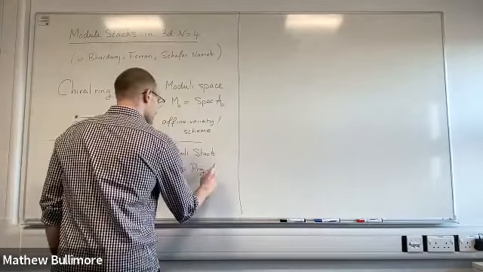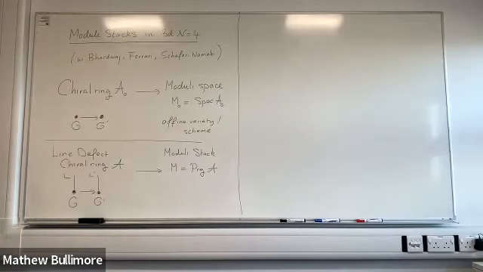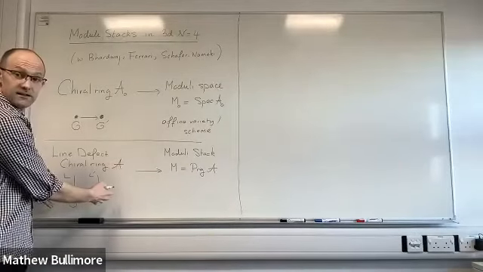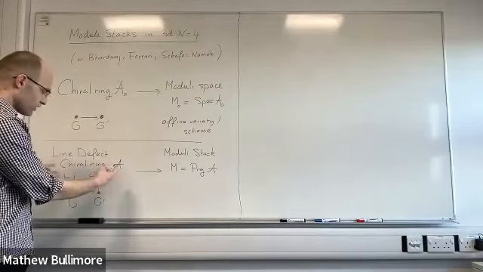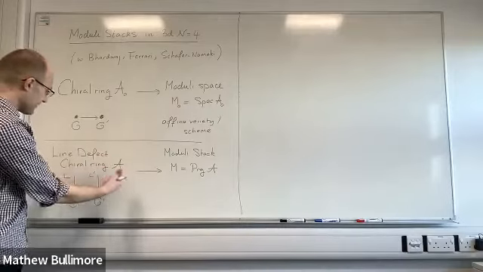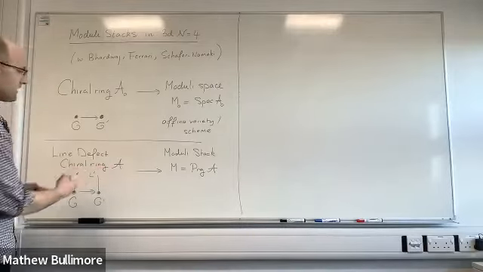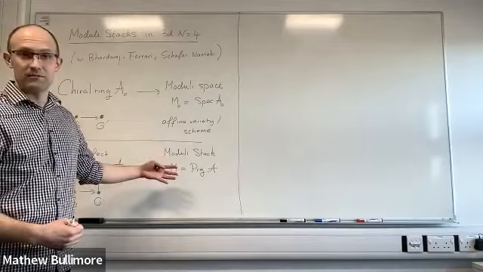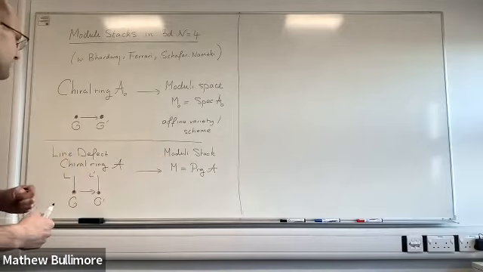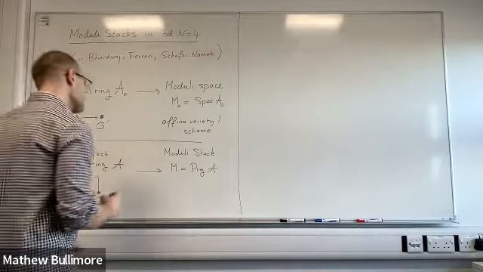It doesn't really matter what it is for now, but it's some operation that takes this data of line operators, what local operators they can end on and how they collide, and it outputs a space of some type, some algebraic space.